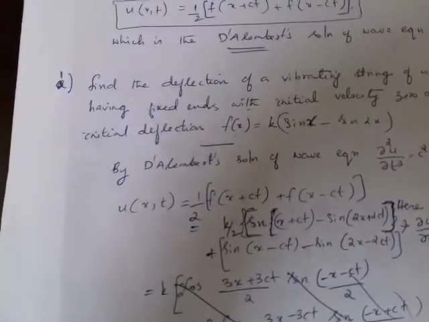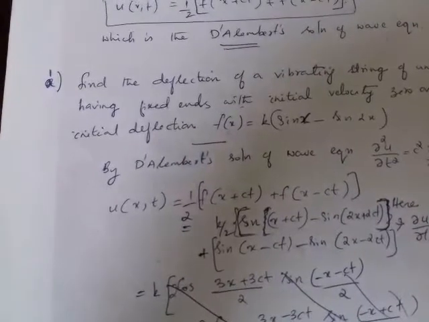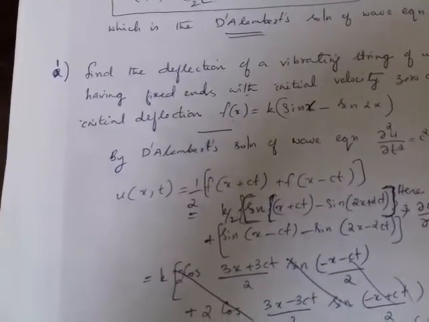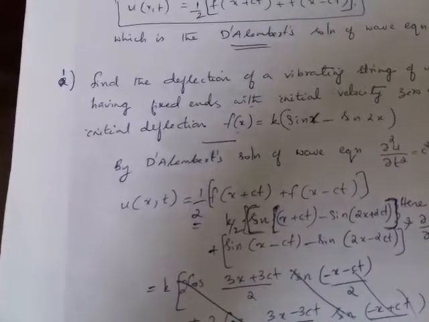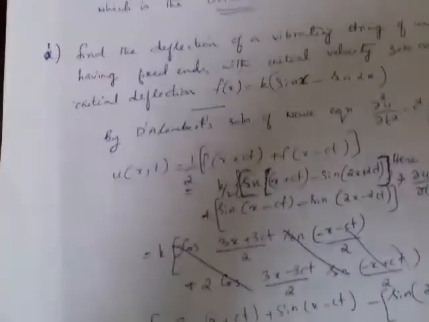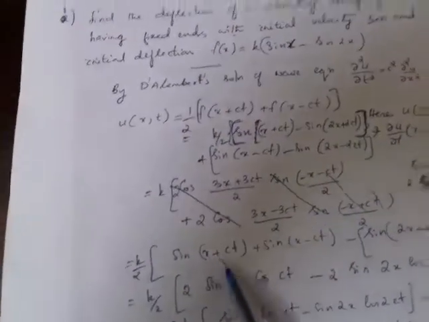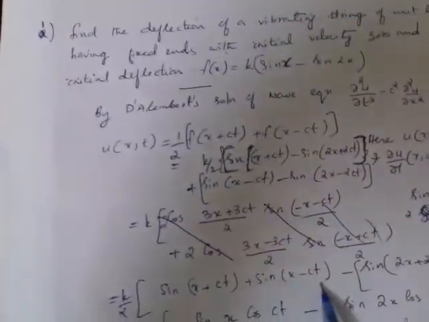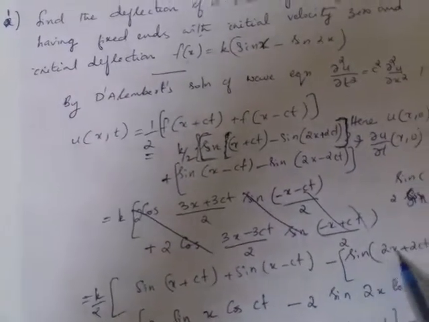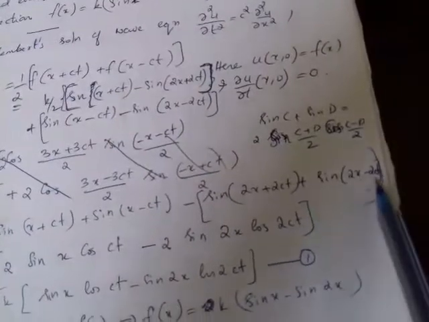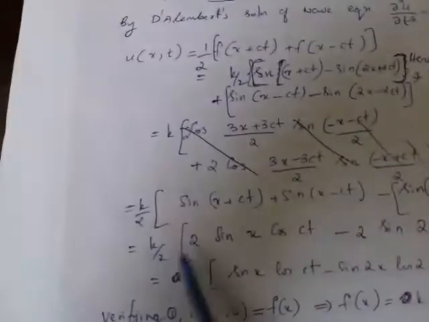So it will be half of that, that is k by 2 of [sin(x+ct) plus sin(x−ct)] minus [sin(2x+2ct) plus sin(2x−2ct)].